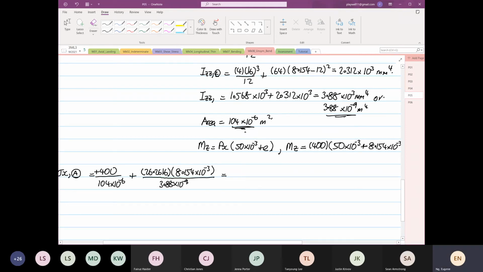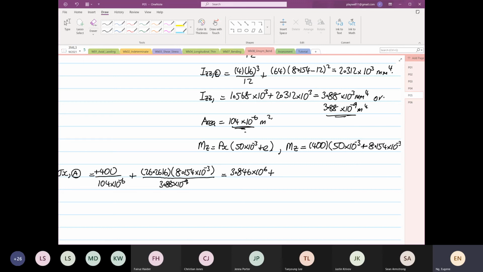So 400 divided by 104 times 10 to the power minus 6 is equal to 3.846 times 10 to the power 6, plus 23.2616 times 8.154 times 10 to the power minus 3 divided by 3.88 times 10 to the power minus 9.